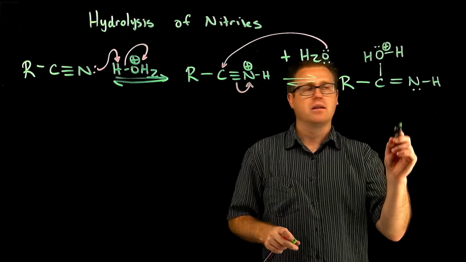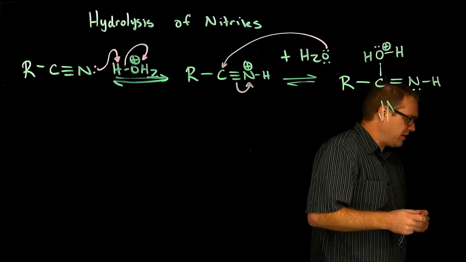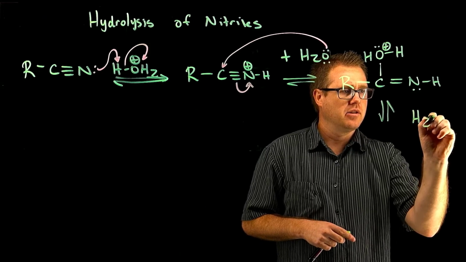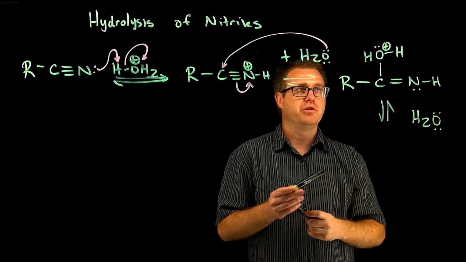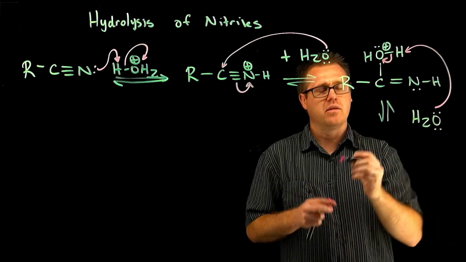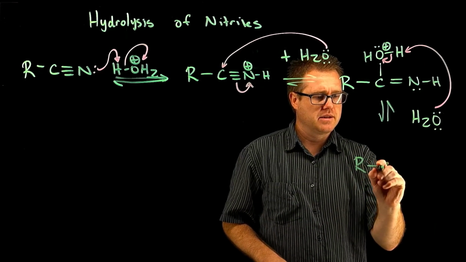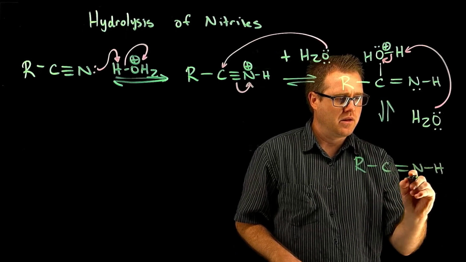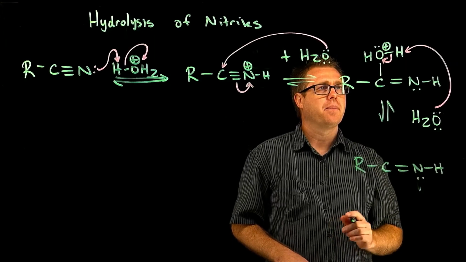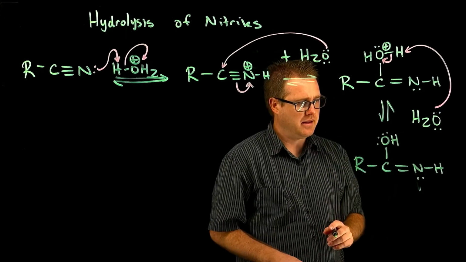And so then we'll come down this way. What do you think the next step's going to be? Well, we have a lot of water present, so we are going to do a proton transfer step. And that's going to give us that would be a lone pair, and then the OH, like that.